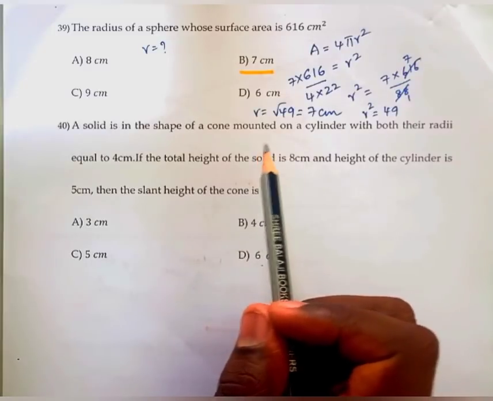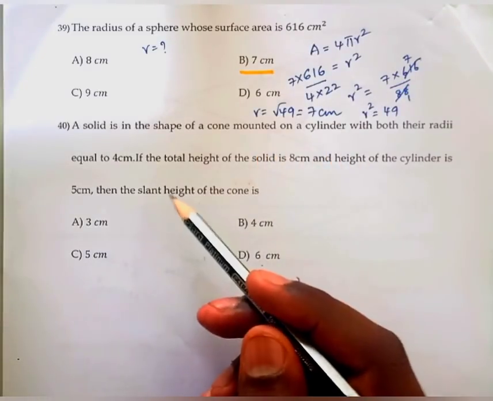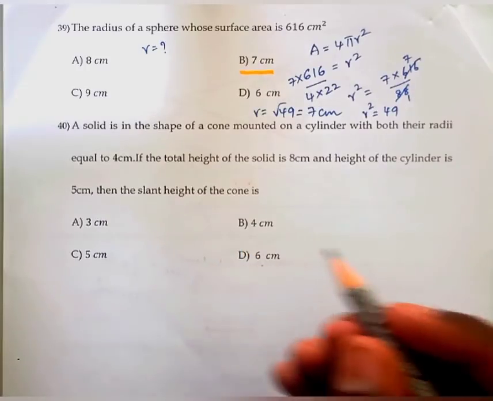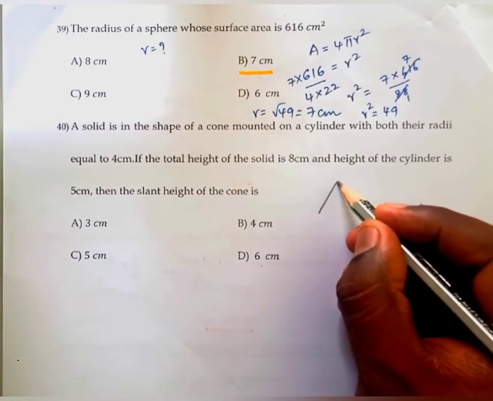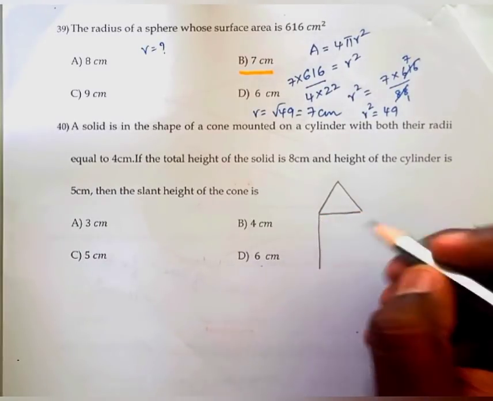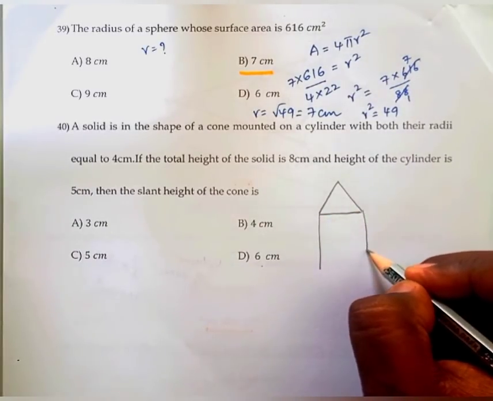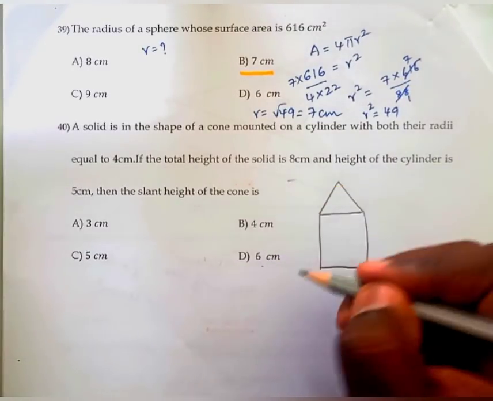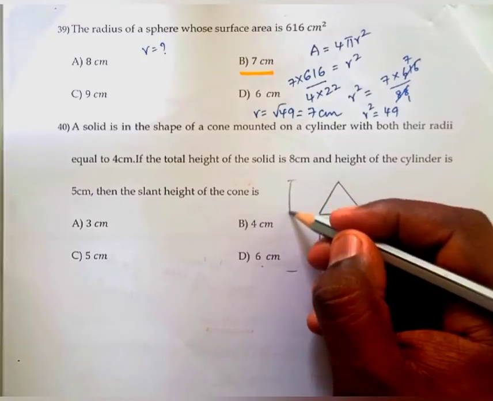The next question, a solid in the shape of a cone mounted on a cylinder with both the radii equal to 4 cm. If the total height of the solid is 8 cm, the height of the cylinder is 5 cm, then the slant height of the cone is. A solid is in the shape as shown in the figure.